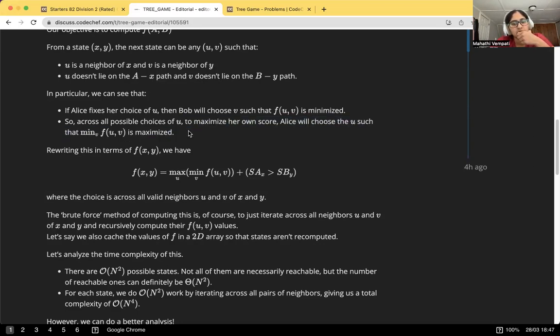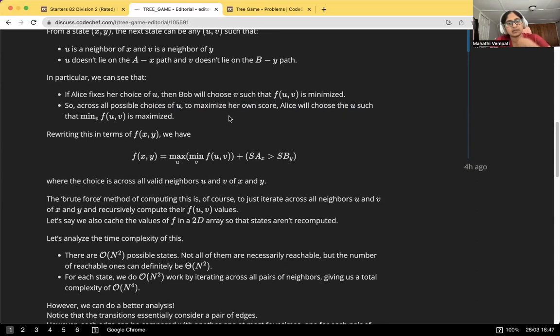So across all possible choices of U, to maximize her own score, Alice will choose the U such that the minimum over V of f of U comma V is maximized. That makes sense.